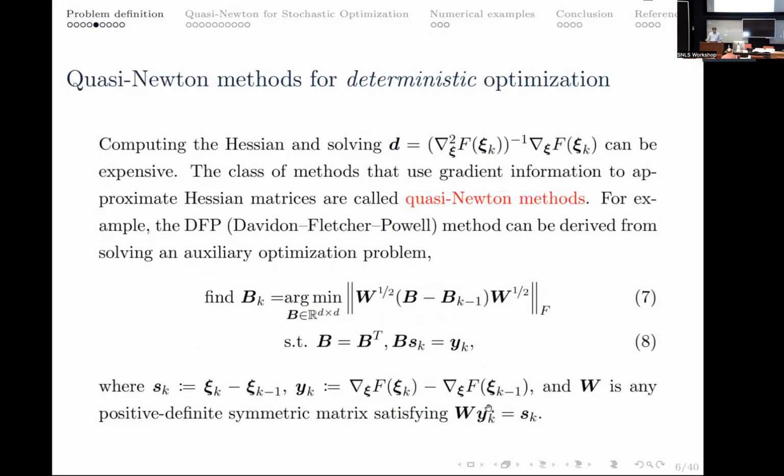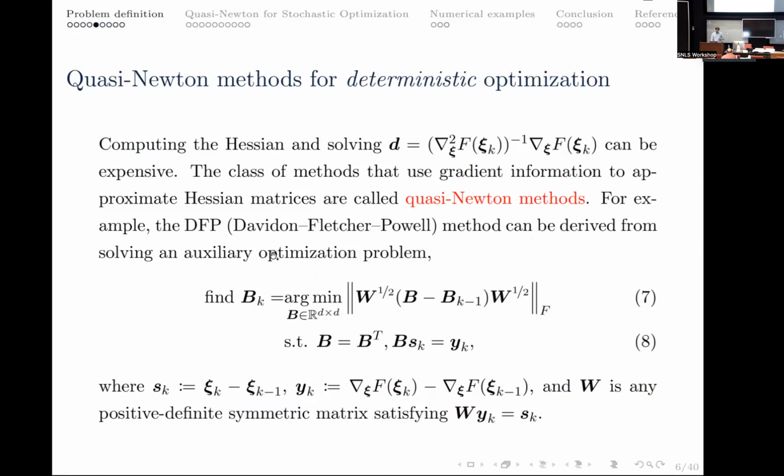Now, one way that this is done in deterministic optimization is on this class that are named quasi-Newton methods, where instead of computing this direction D, a search direction D that is the solution of this linear system that could be expensive, we use just the gradient information on the history of the path of optimization to devise some preconditioning matrix that we hope to approximate the Hessian.